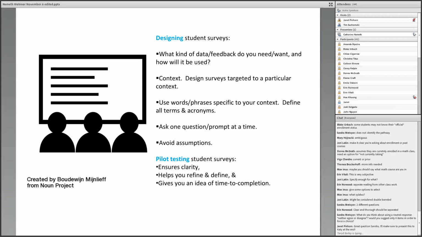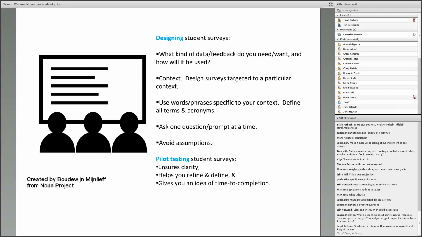They also need to be words and phrases useful for your students to understand. We may not tell students we're doing an evaluation; we may say, we need your feedback. It's still an evaluation, but maybe for students, the feedback is a little more palatable.